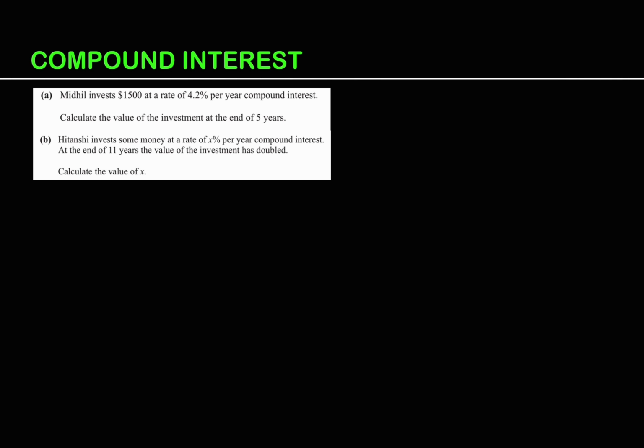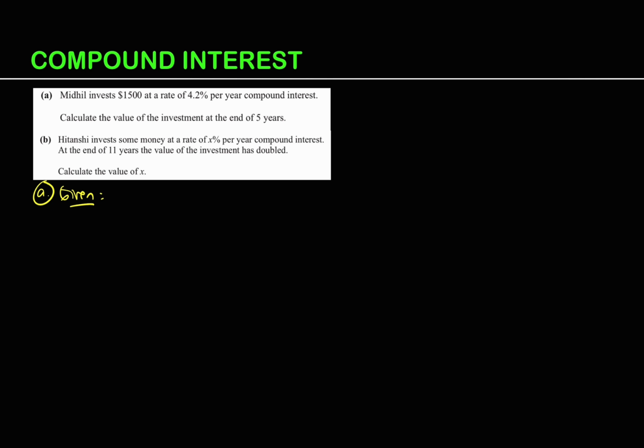For question number 1 or A, Middle invests $1,500 at a rate of 4.2% per year compound interest. Calculate the value of the investment at the end of 5 years. We can see that for A, what is given there?